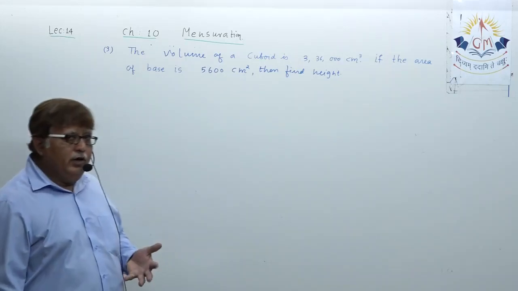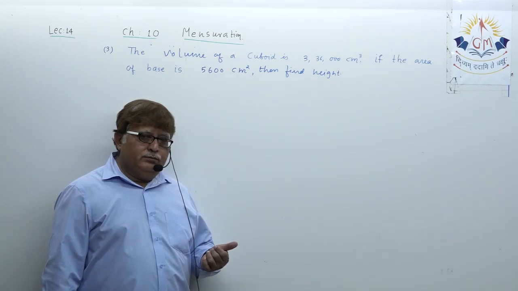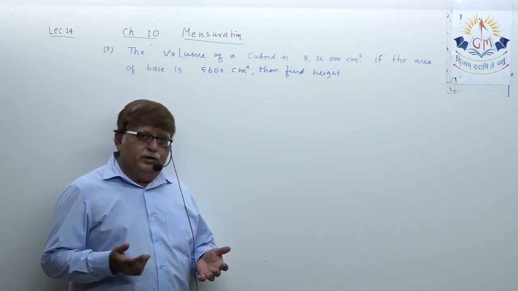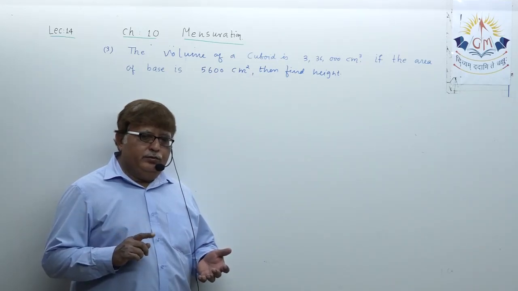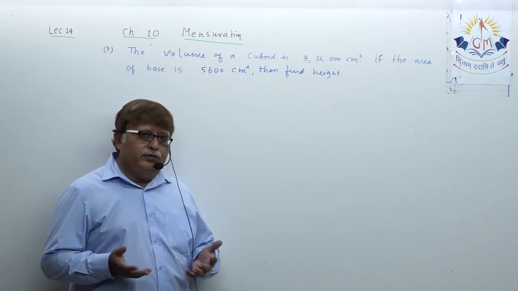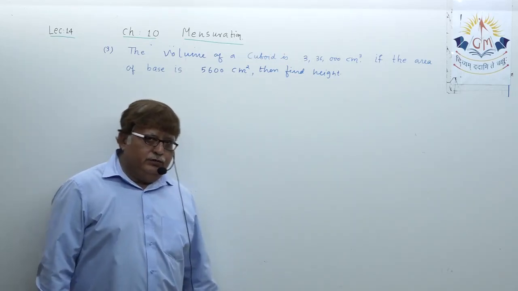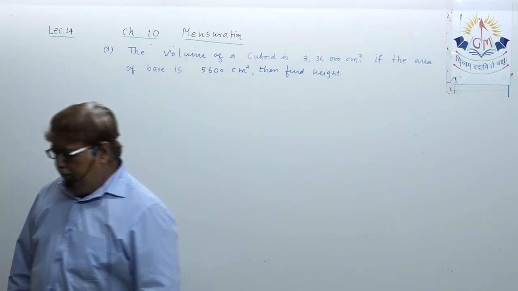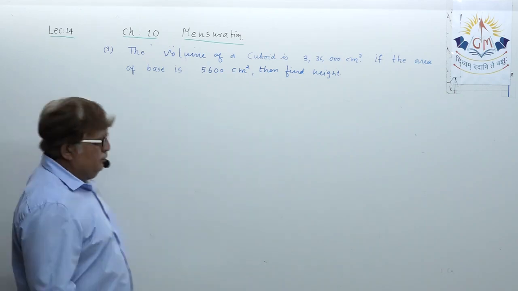This is the smart way to understand. Volume is given. Actually, the formula of volume involves L into B into H. Now, when they are asking you to find height, they have to deliver you length and breadth, which hasn't been given in the example. From here, dear student, you need to start thinking on this.